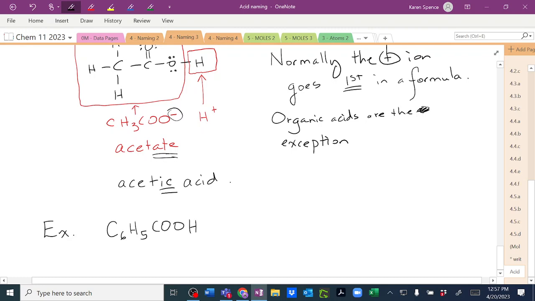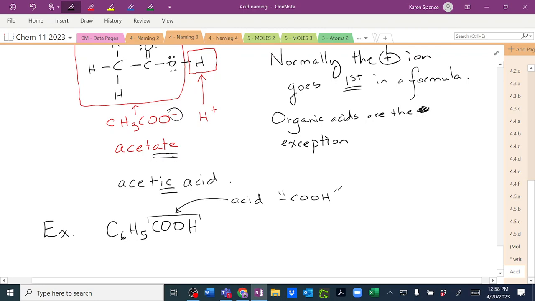C6H5COOH. You look at this compound and you say, I know that it is an acid because I have the COOH group. Okay, if you have the COOH group, you have an acid.